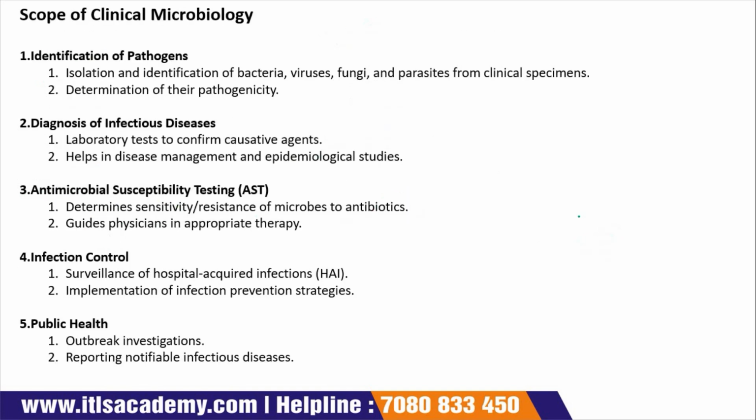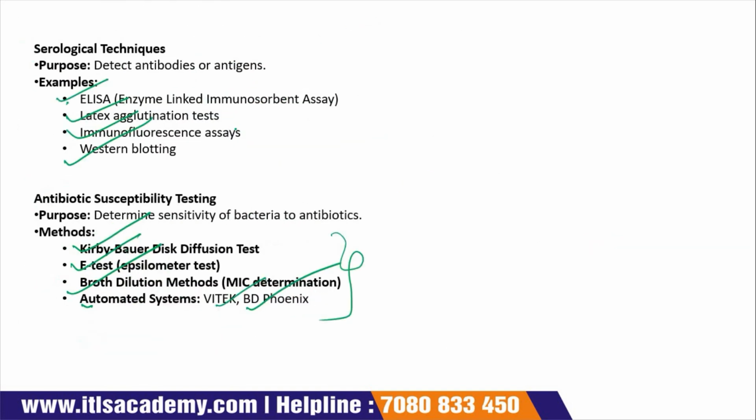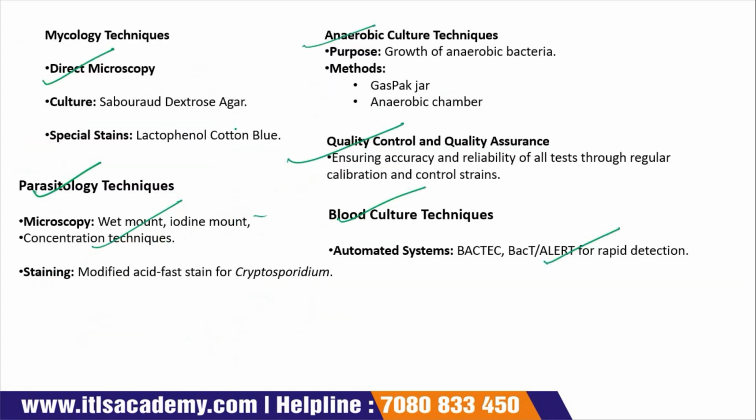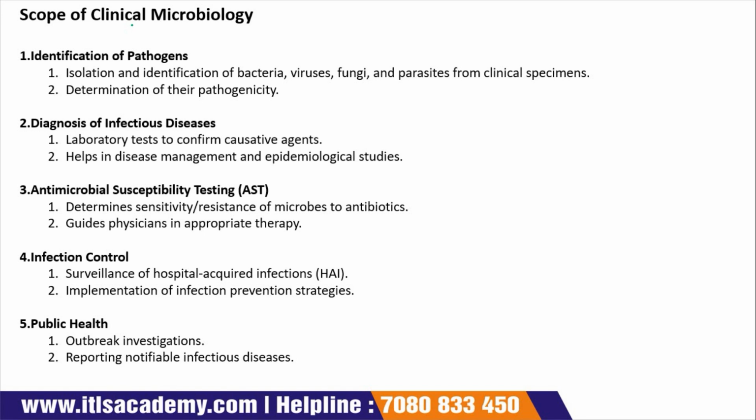Okay. Now these are the techniques and their role. Now we understand the scope of clinical microbiology. First is to identify the pathogens: isolate and identify bacteria, viruses, fungi and parasites. Diagnosis of infectious diseases, laboratory testing to confirm the causative agent.